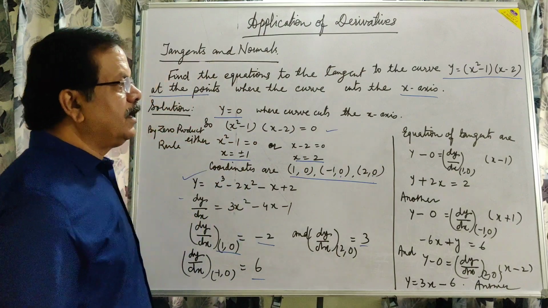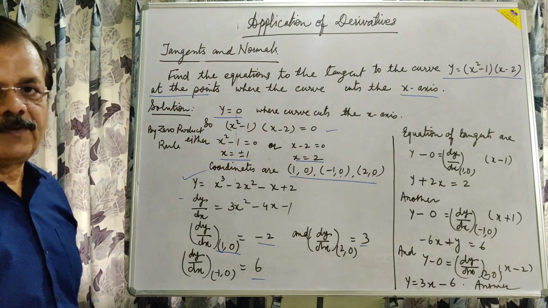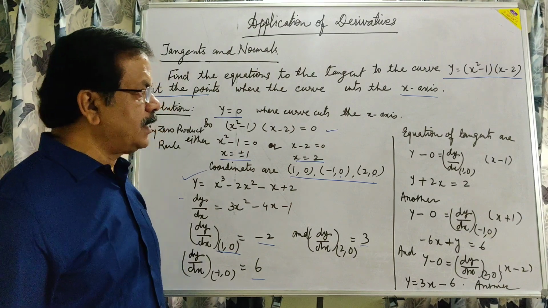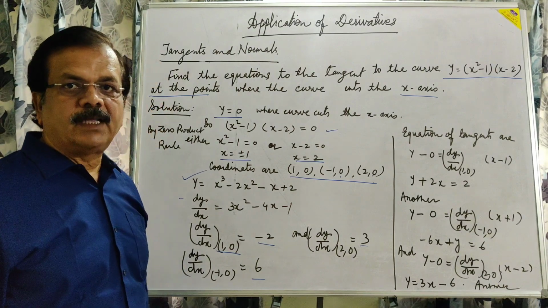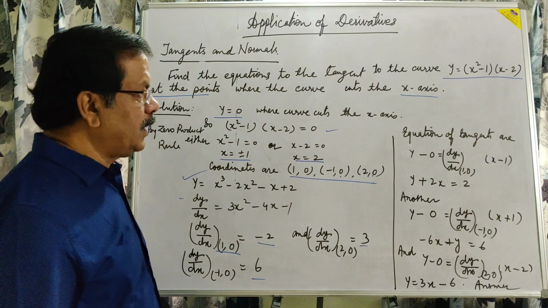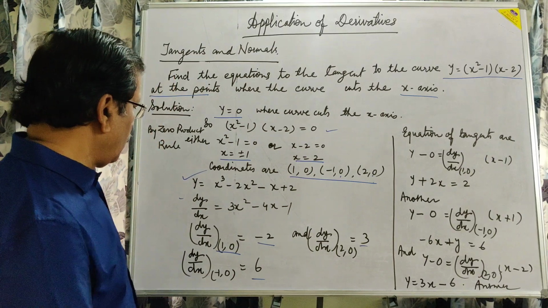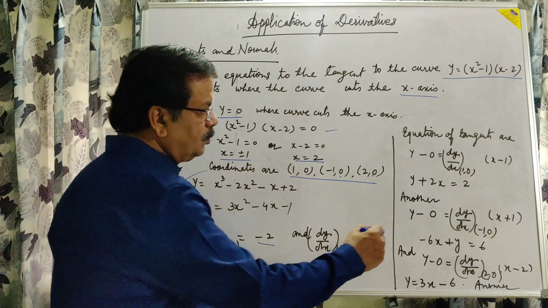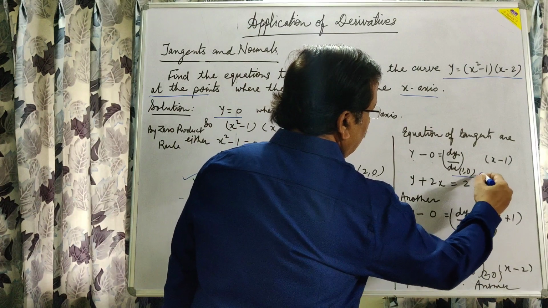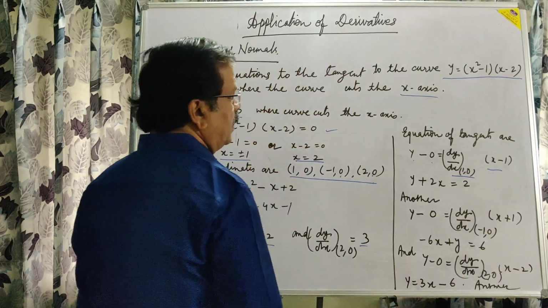Now accordingly we can find the equation of the tangent, that is y - y1 = (dy/dx at the point)(x - x1). This is the formula for the equation of tangent. Using this formula for the first coordinate (1, 0), y - 0 = dy/dx at (1, 0) into (x - x1).